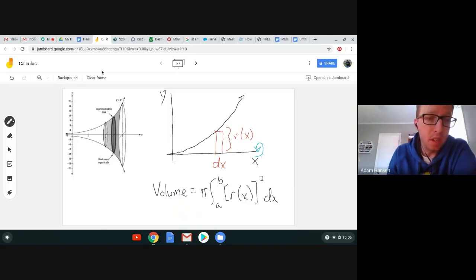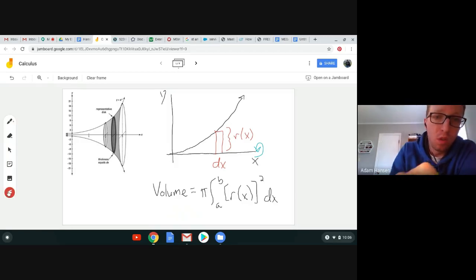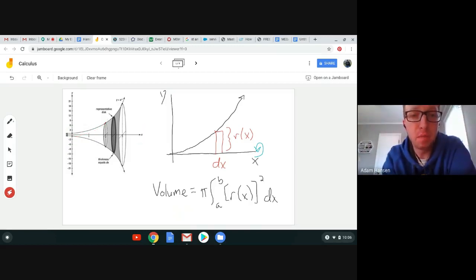So as I can see here, we're going to rotate the region below the graph of y equals e to the x about the x-axis to create kind of this funnel-looking object. Our task is to use a definite integral to find the volume of this solid as it's being revolved around the axis of revolution, the x-axis.